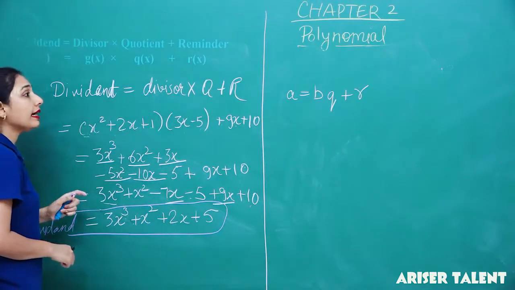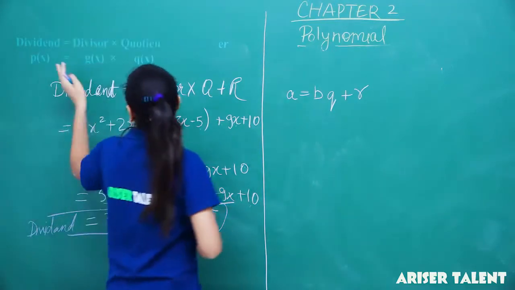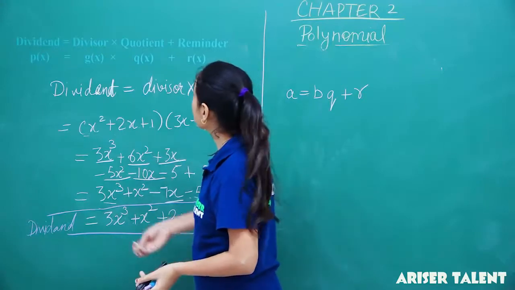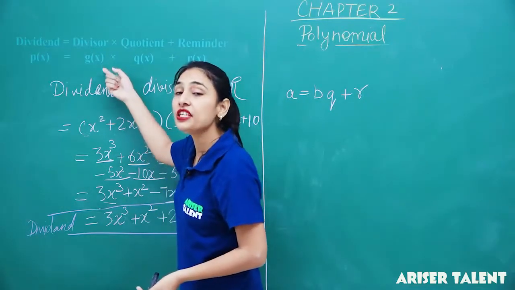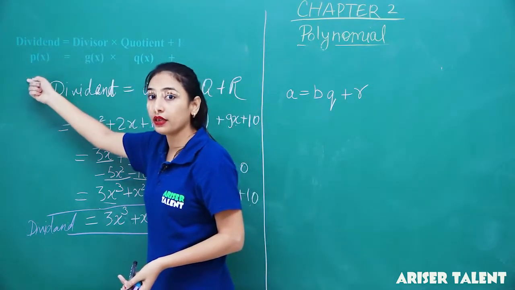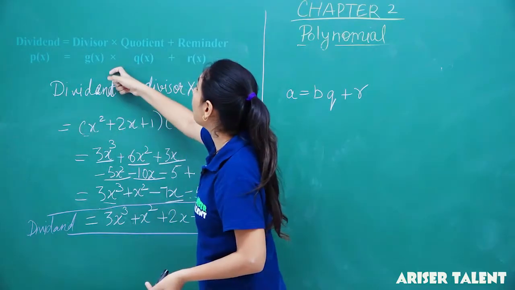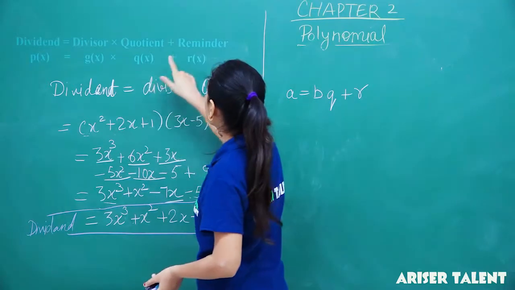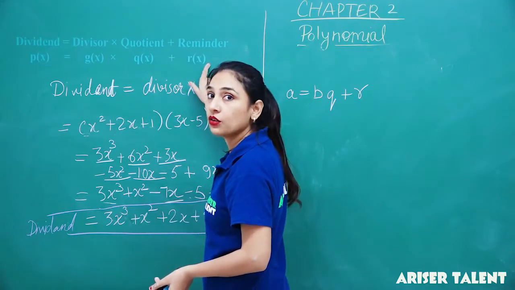So, how will we write this in this form? Px, that's polynomial of x, gx. Gx is a factor of px. Okay, multiplied by qx, which is again a factor of px, plus rx, which is the remainder.